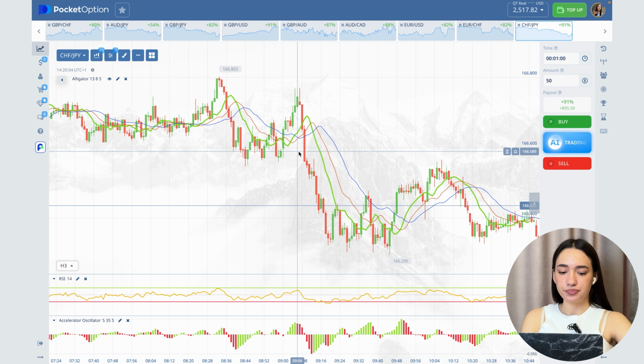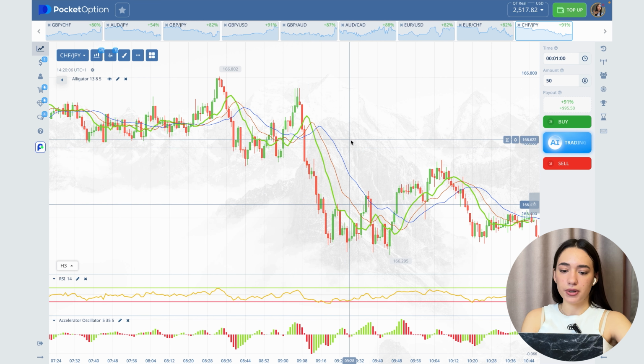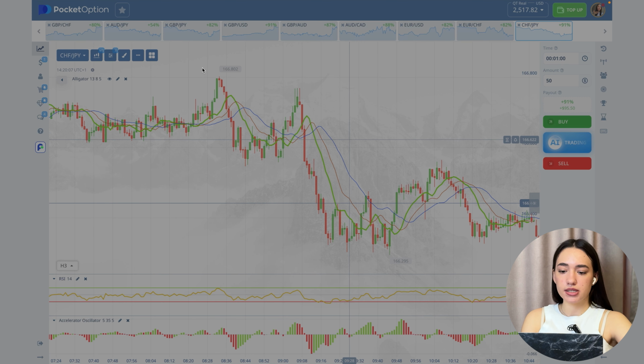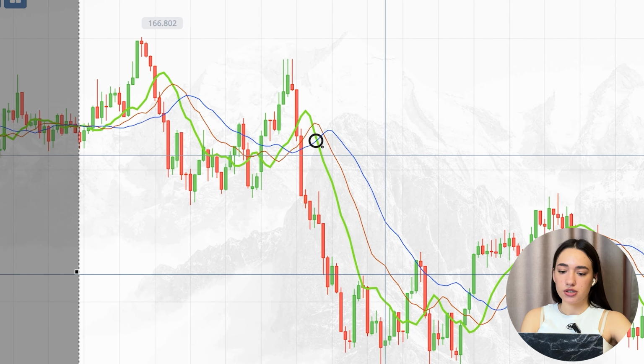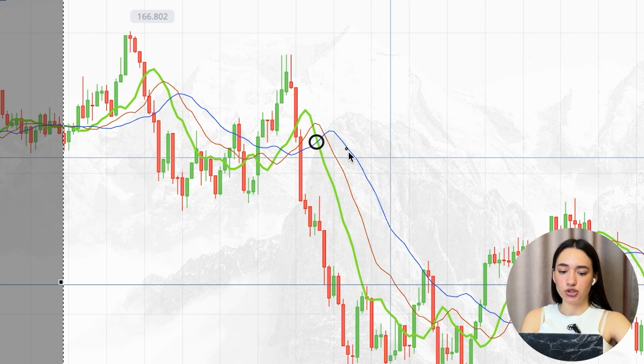For example, when opening a put trade, what do we want to see? We want to see that the green moving average, that is called the lips, touches the blue line called the jaw, and also the red line, which is the teeth. But only after this contact can we begin to consider whether it's a good time to enter a trade.